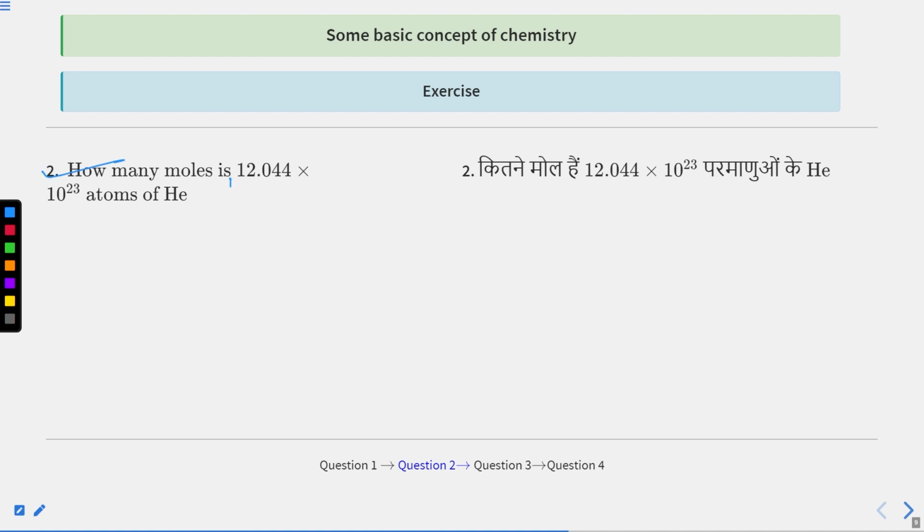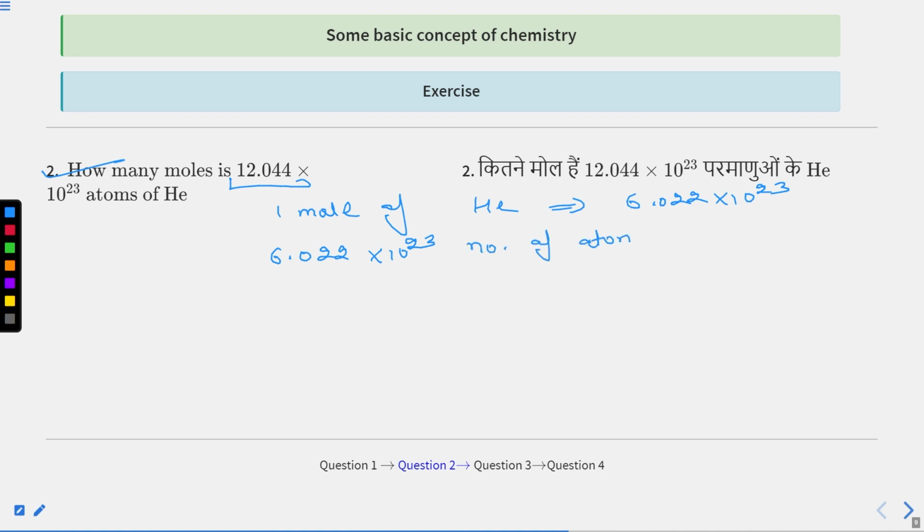How many moles are present in 12.044 into 10 to the 23 atoms of He? It is very simple. In 1 mole of He, 6.022 into 10 raised to the power 23 atoms are there. It means Avogadro number of atoms are there in 1 mole of He.